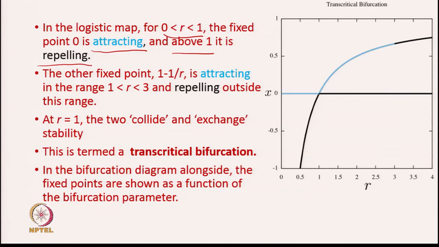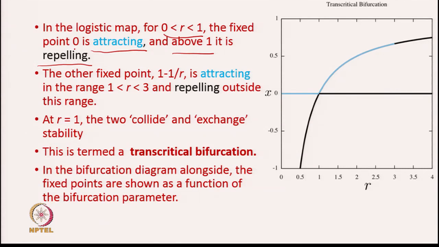The second fixed point, 1 minus 1 by r, on the other hand, is attracting in the range r lying between 1 and 3, and it's repelling outside this range. At r equals 1, the fixed point at 0 is always 0, of course. The fixed point at 1 minus 1 by r takes the value 0 when r is equal to 1.